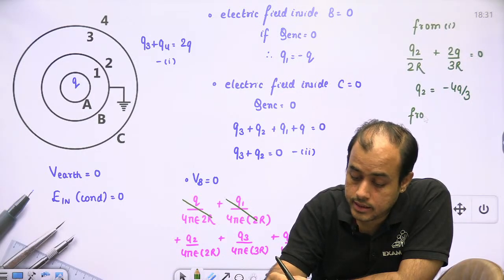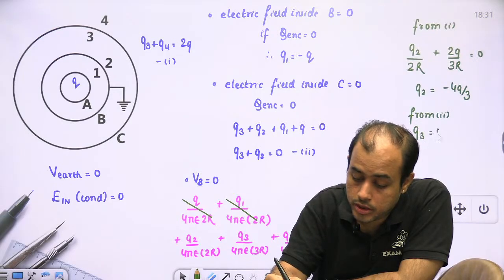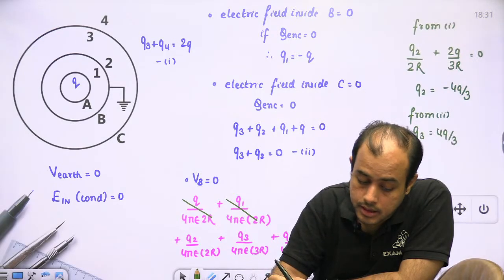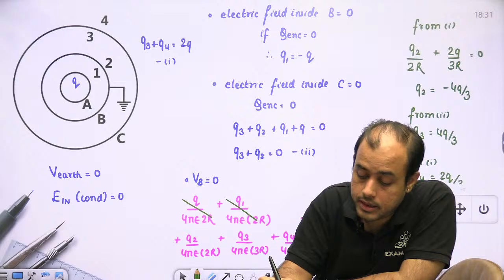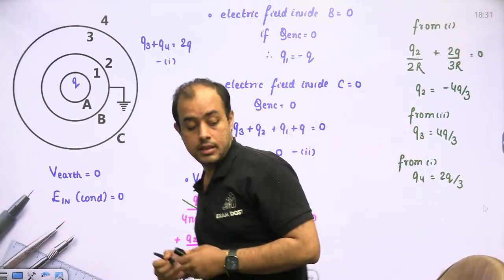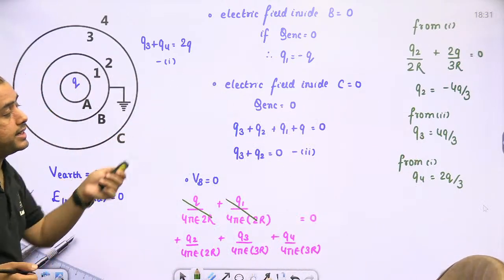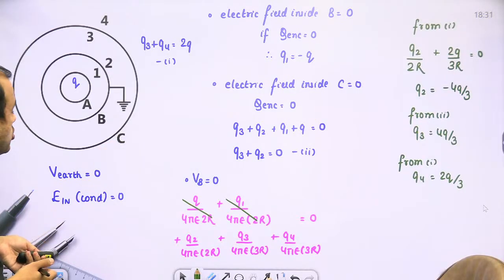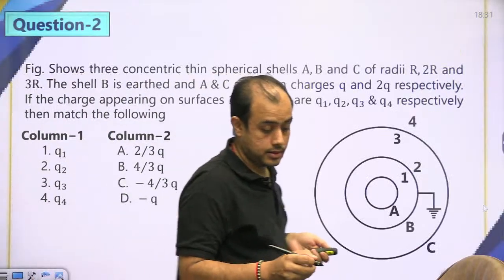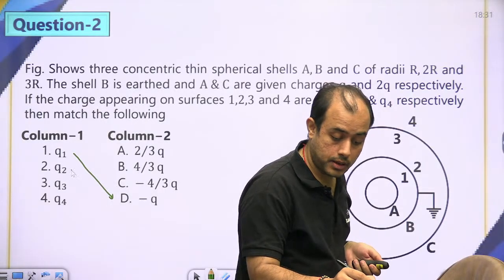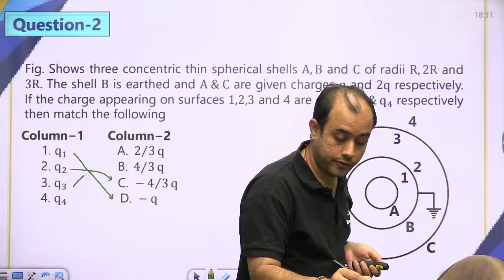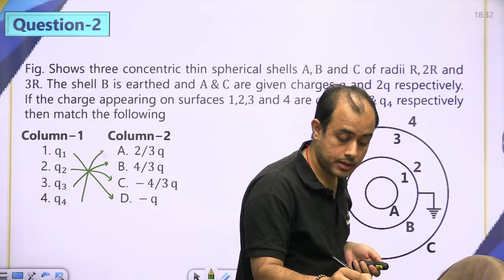So from second, Q3 will become 4Q by 3. And from first, Q4 will be 2Q by 3. ये बन गया. So Q1 is minus Q, Q2 is minus 4Q by 3, Q3 is 4Q by 3, Q4 is 2Q by 3.